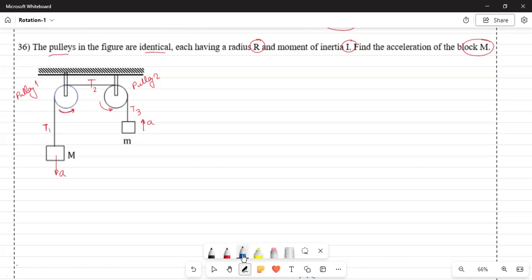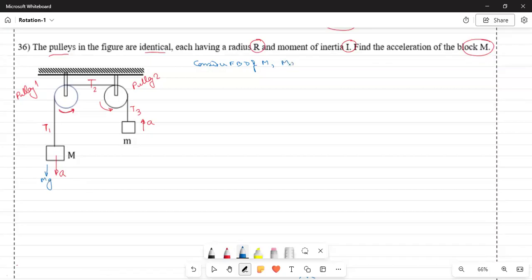Now let us consider the free body diagram of the mass capital M. This capital M is moving downward, so its downward force is capital Mg.